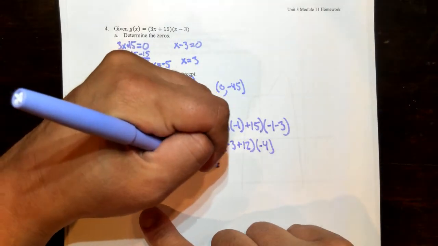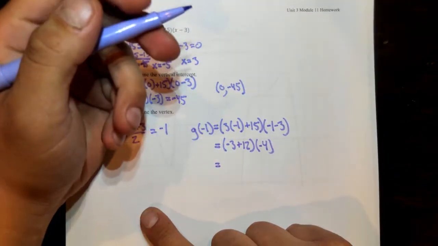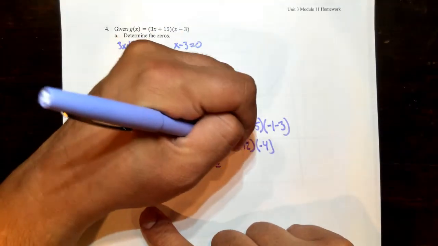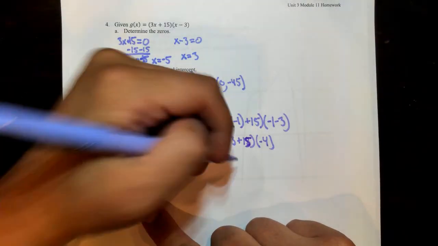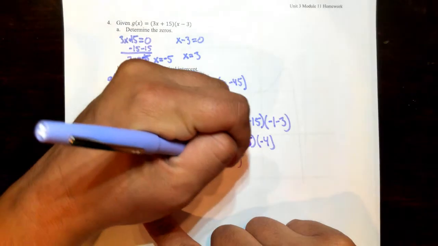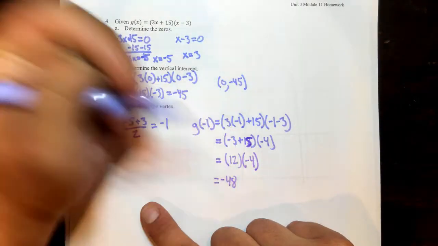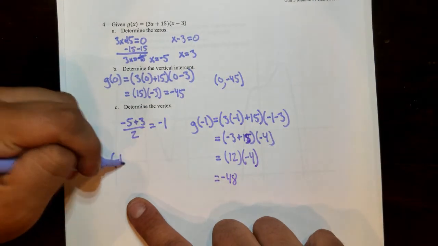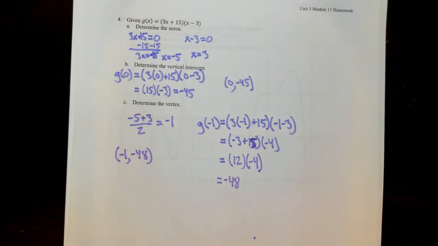And let's see, so negative 3 plus 12, that's 9. No. Oh, I got ahead of myself again. It's 15. Oops. Negative 3 plus 15 is 12. Times negative 4 is negative 48. So the vertex is (-1, -48). Just like that. All right, moving on.